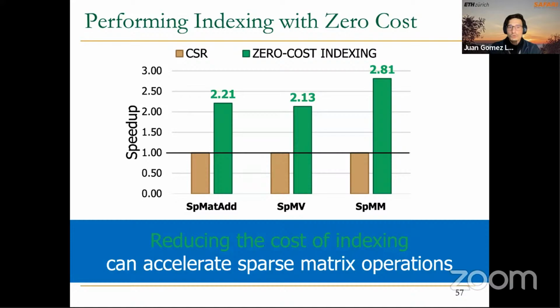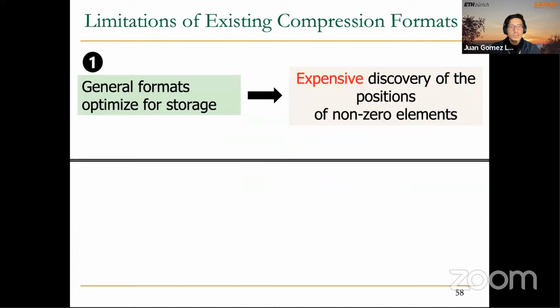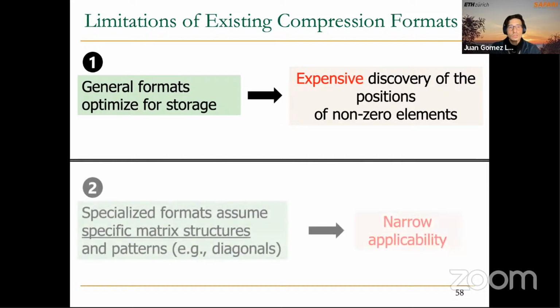So that's what we targeted as our goal in one of our recent works, SMASH, that I am going to very briefly introduce today. Again, let's recap the limitations of existing compression formats. The general compression formats are optimized for storage, but they make it very expensive to discover the positions of the non-zero elements, as we have discussed before.